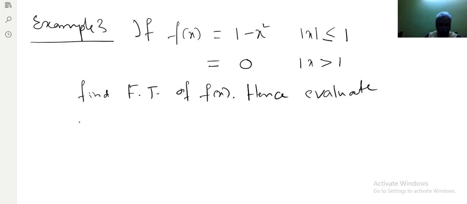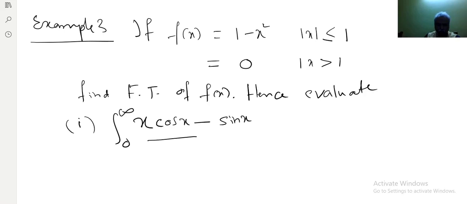There are two examples of evaluation. First one is 0 to infinity. In the previous class, I was telling such type of integrations were very difficult to find without the knowledge of Fourier transform. So that curiosity we are breaking here. So let us see what is the exact value of this. Really it is very nice to see how we are finding the value of this.